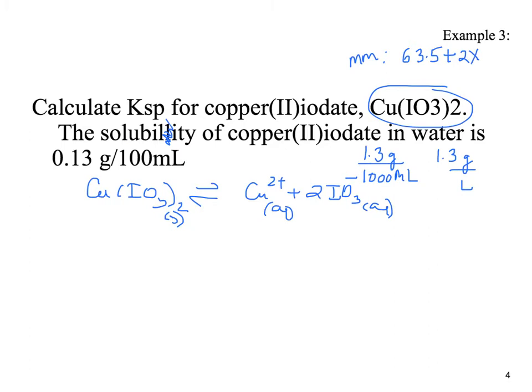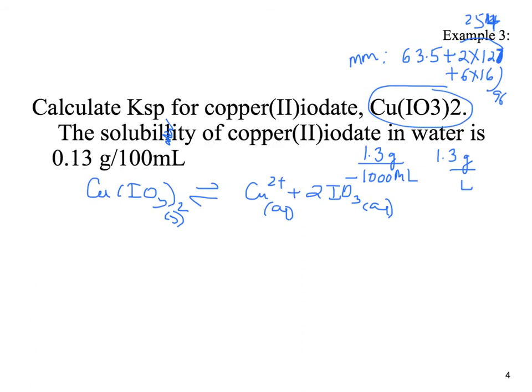Iodine is 126. So 2 times 126, 6 times 16. So this is 96. This is 252. Or is it 127? I think it's 126.9, so 127. So 254. And now we're going to simply add those.